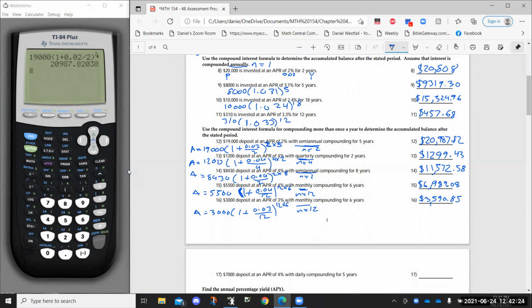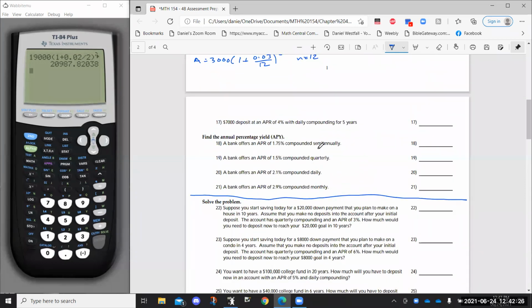That's right. Moving right along. Go ahead and erase this line.